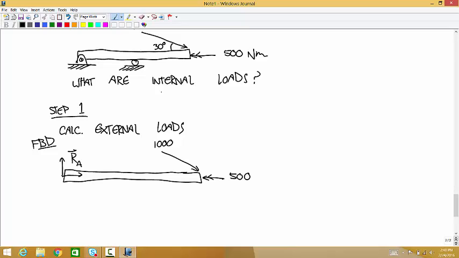So I'll write this as torque A. And that's all. It doesn't produce any moment about the z-axis. So we're done with that one. Any questions about that one?